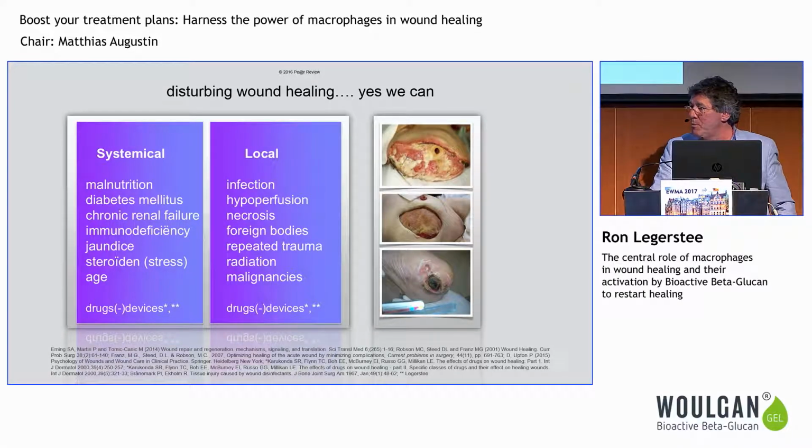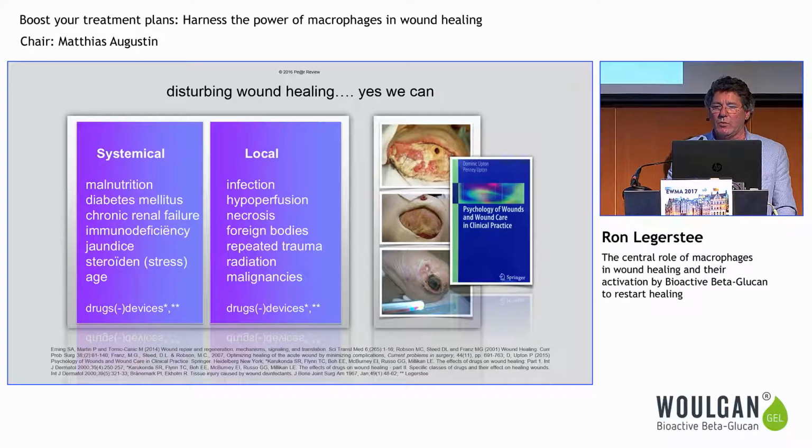Are we able to disturb wound healing? Yes, we are. And here are 2 rows of ways to do that. And obviously there's also a psychological way to do that.